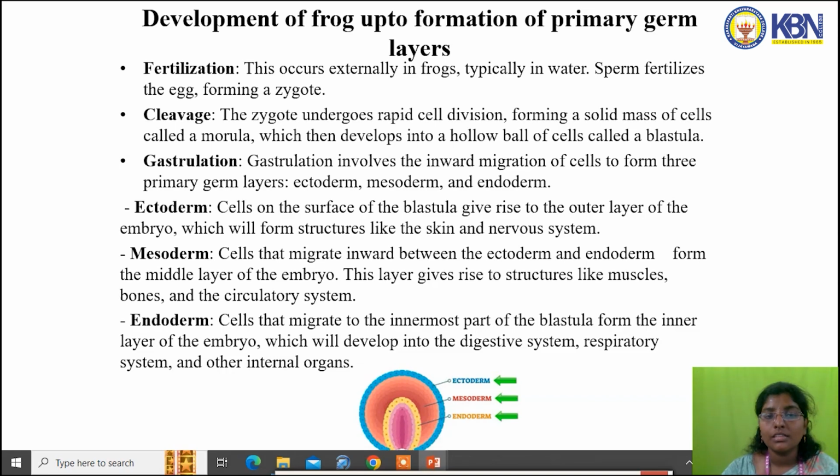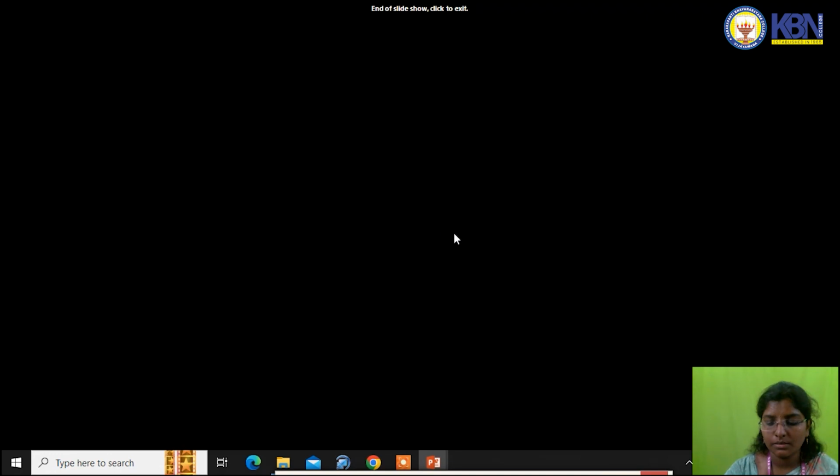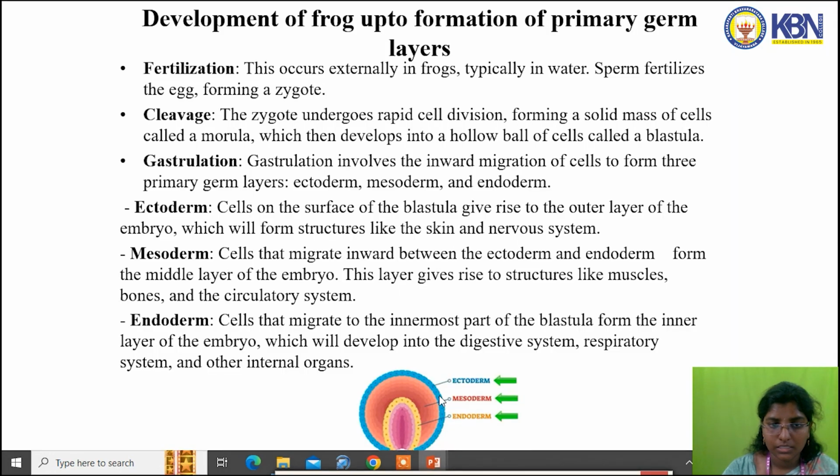Ectoderm: the cells on the surface of the blastula give rise to the outer layer of the embryo, which will form structures like the skin and nervous system. Next, the mesoderm migrates between the ectoderm and the endoderm to form the middle layer of the embryo.